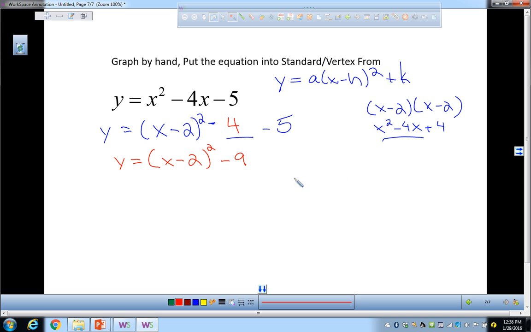Let me do another one. What if I had y equals x squared plus 6x plus 2? How would I rewrite that?